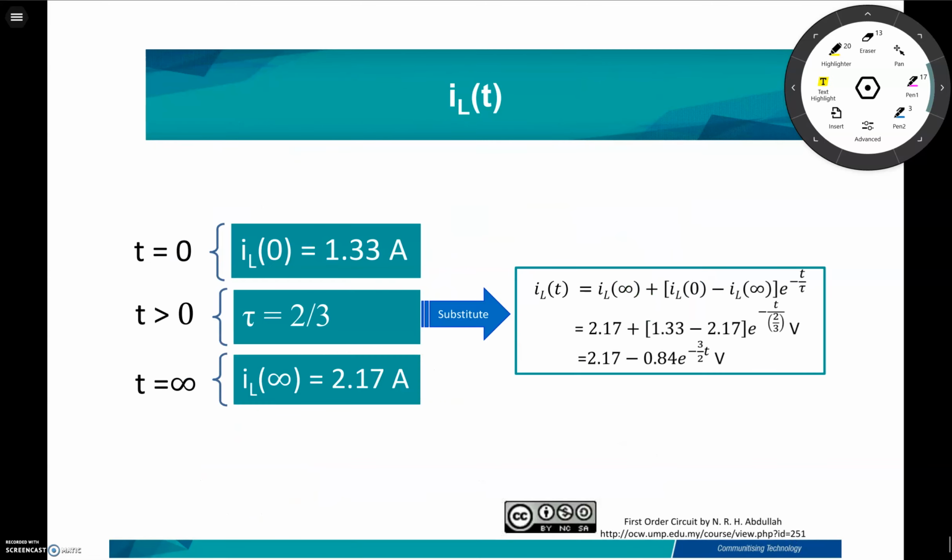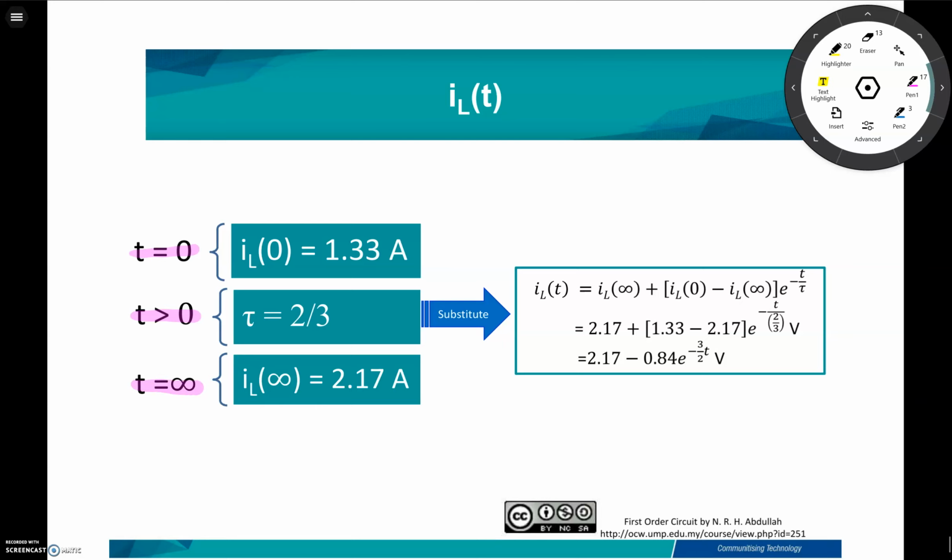Now, this is the information you get after you do all the steps: t equal to 0 in step 1, t more than 0 in step 2, t equal to infinity in step 3.